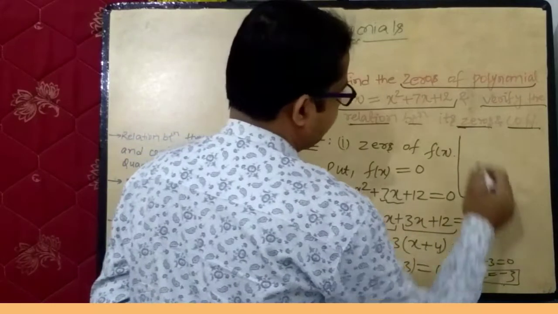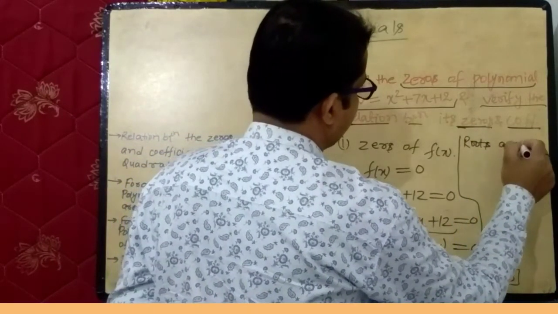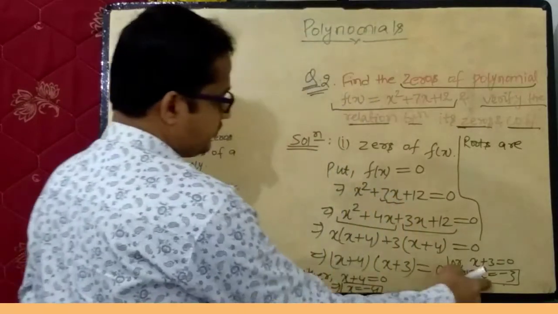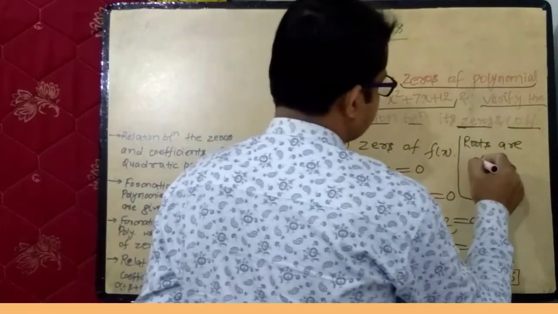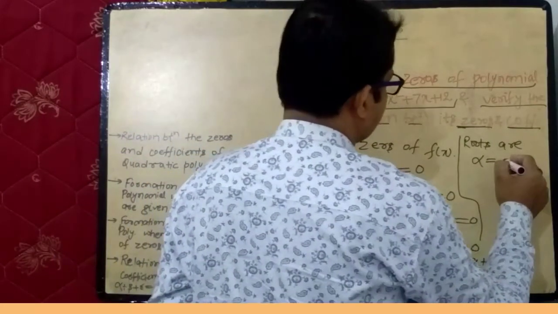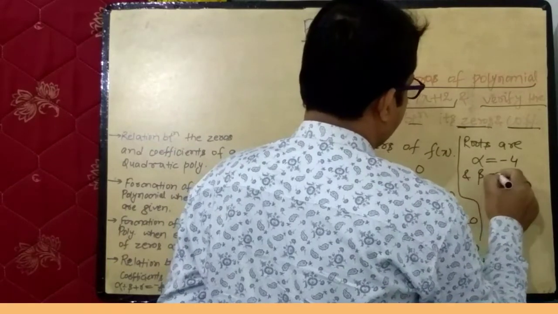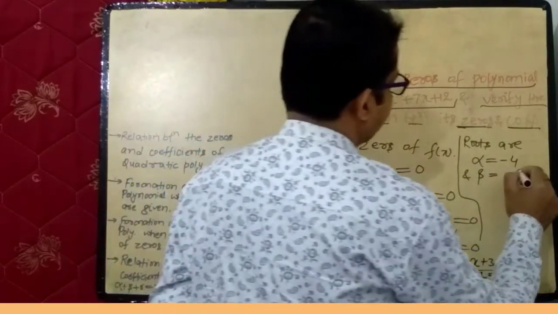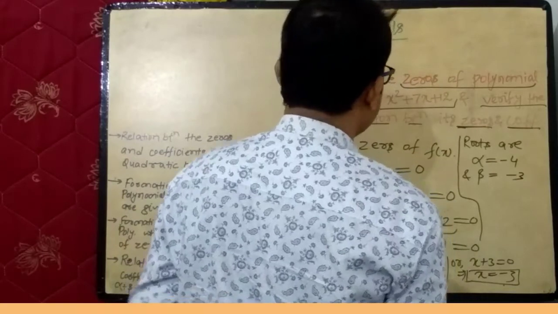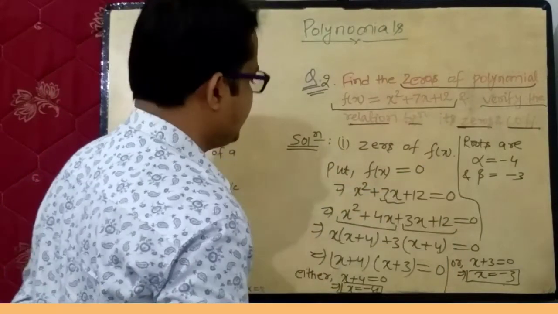Hence we can write roots are, any one of these two you can consider as alpha. So here I am considering x equals minus 4, that is alpha equals minus 4 and beta equals minus 3. Now what we have to do? We have to verify the relation between its zeros and coefficients.